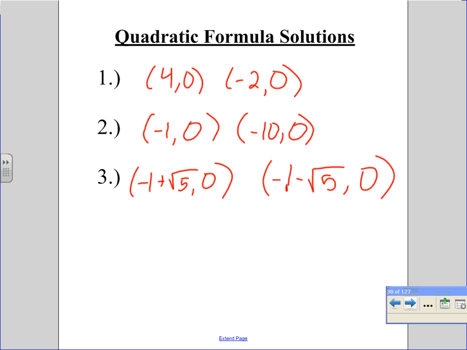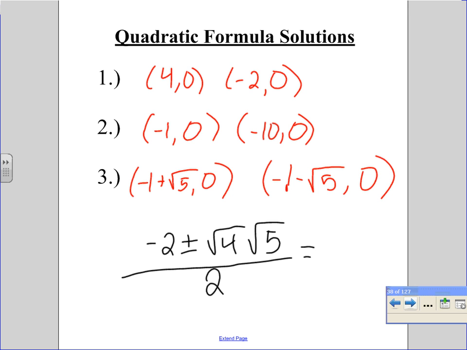When you change to that step, so negative 2 plus or minus, I'm changing square root of 20 to square root of 4, square root of 5, all over 2. Square root of 4 is 2. So we have negative 2 plus or minus 2 square root of 5 all over 2. What do you think we do at this step to get to these answers? What do you think we do to go from here to here?